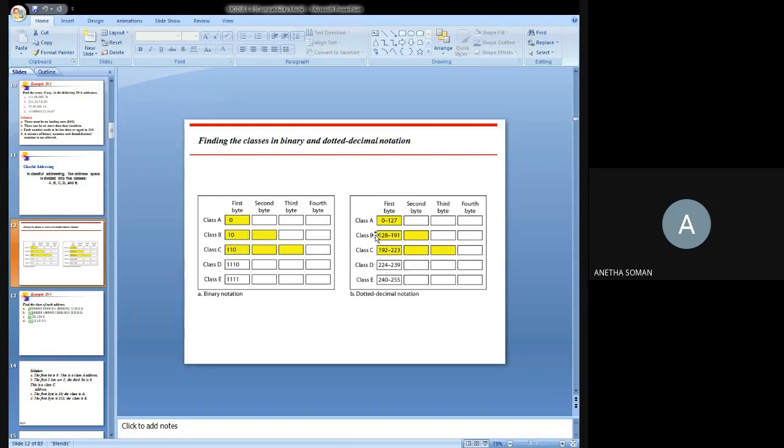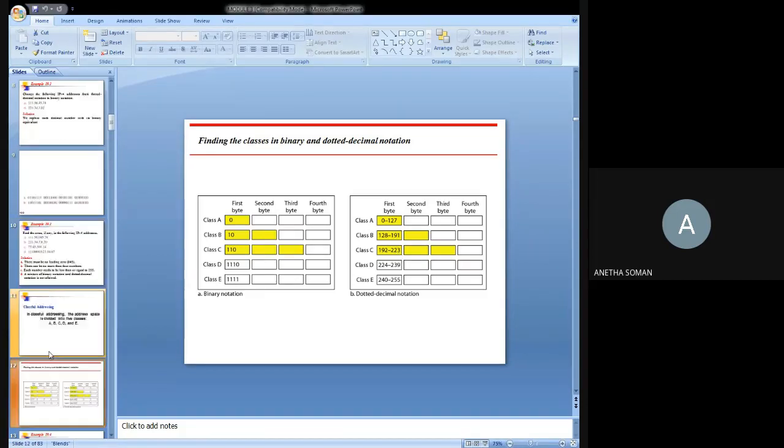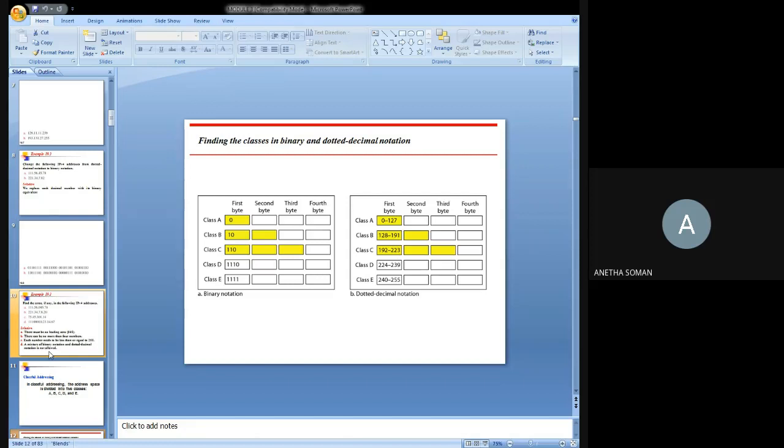Similarly, in dotted decimal notation, if it varies from 0 to 127, it belongs to class A, 128 to 191 is class B, and 192 to 223 is class C. Here I stopped and we have seen a few problems. I hope you have worked out the corresponding binary equivalent of the problem I gave you.